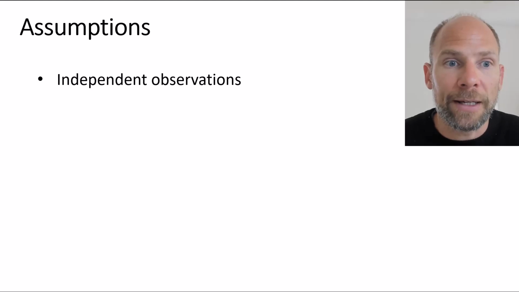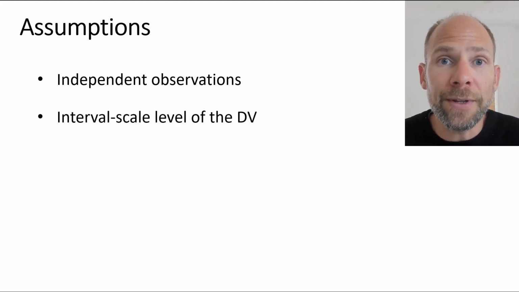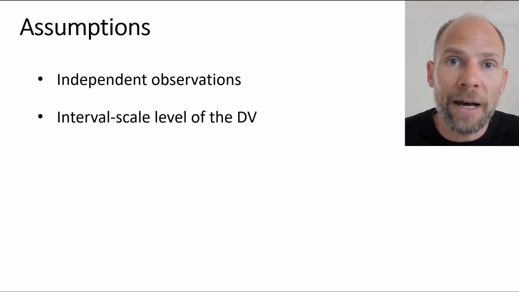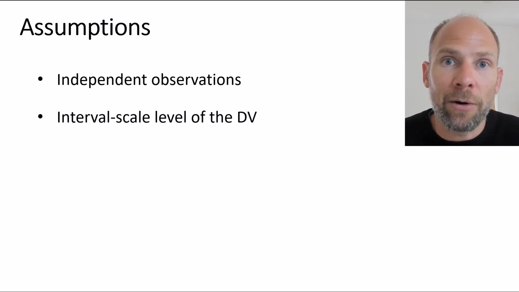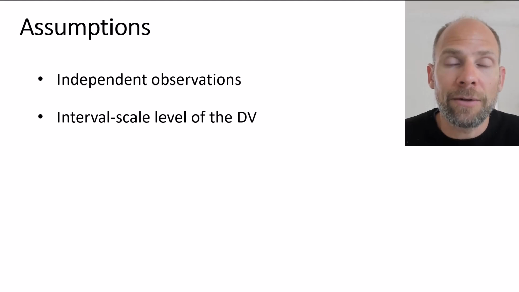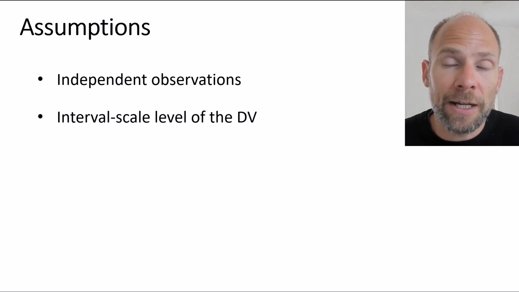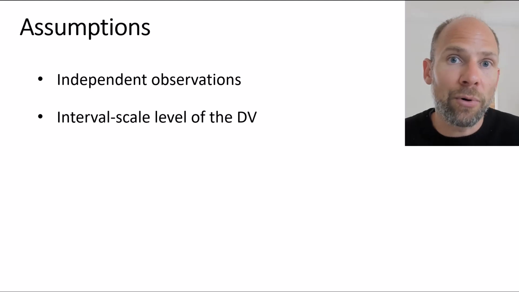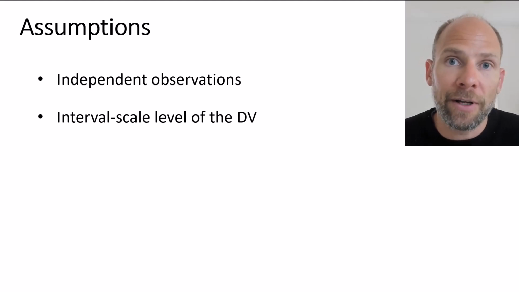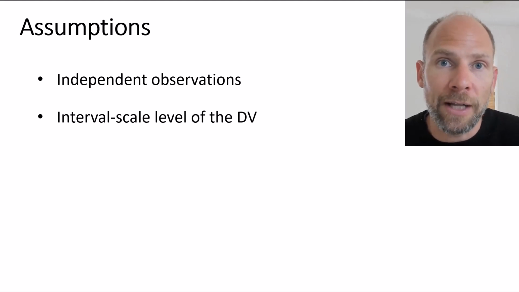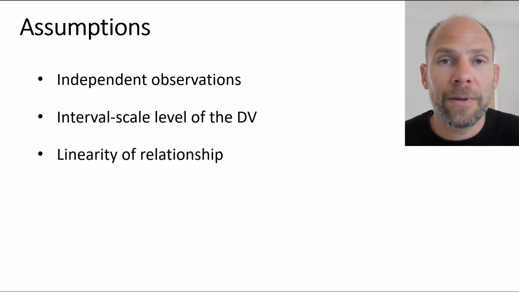Also, the dependent variable should have interval scale level. If you have dependent variables that are only binary or ordinal, then you can use other types of regression analysis, such as binary logistic regression analysis, multinomial logistic regression analysis for polytomous nominal dependent variables, and there's also ordinal regression analysis for ordinal outcome variables.